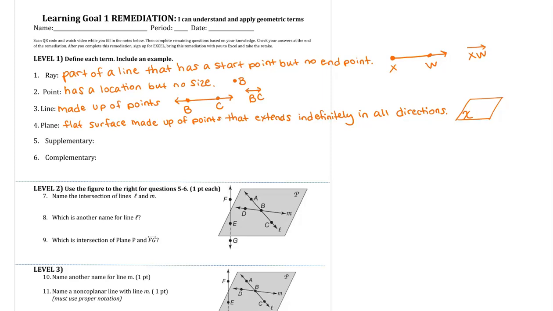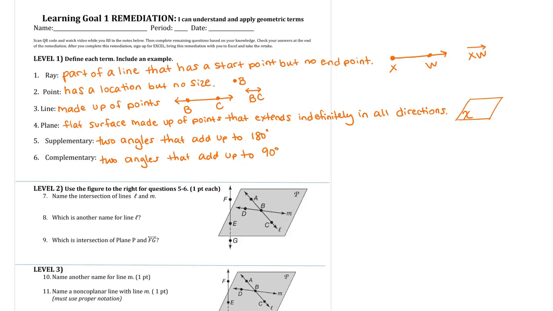Supplementary, that's referring to 2 angles that add up to 180 degrees. Complementary are 2 angles that add up to 90 degrees.